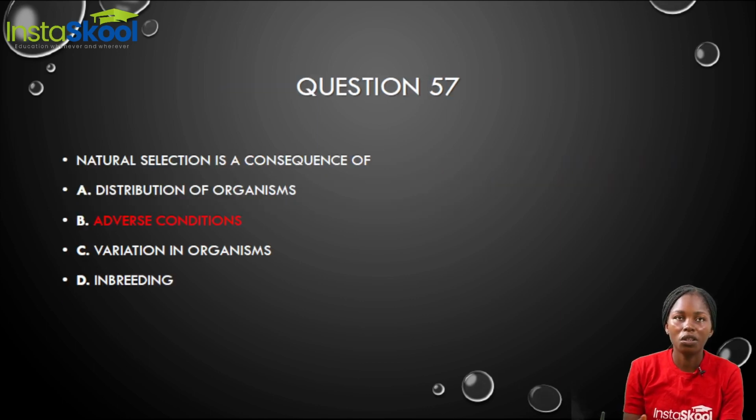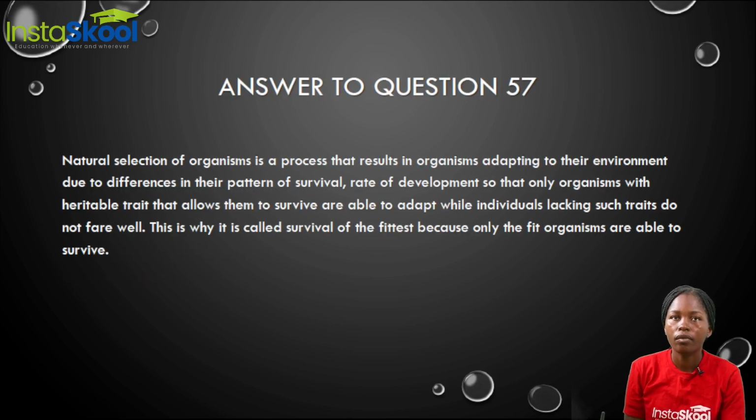Moving on to question 57. Natural selection is a consequence of dash. Natural selection is the process that results in organisms adapting to their environment, usually due to the differences in their pattern of survival, in the rate of development, so that only the organisms that have heritable traits are allowed to survive.